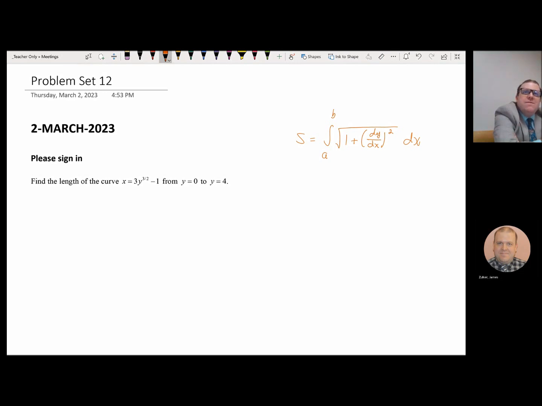That is if our curve is written as a function of x. Not difficult to show that if instead we have a function of y, we just switch the roles of x and y.